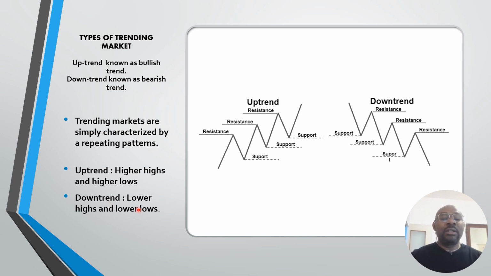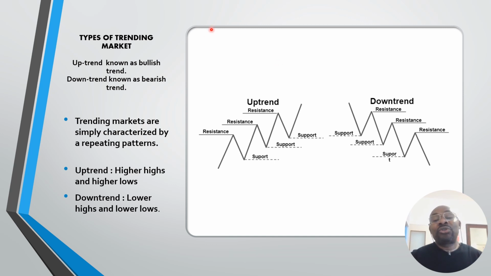So downtrend, the characteristics of a downtrend, we have lower highs and lower lows. This is it. This is a downtrend. Remember I told us that an uptrend starts from the left downside to the up right side.